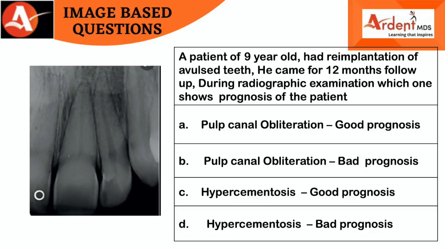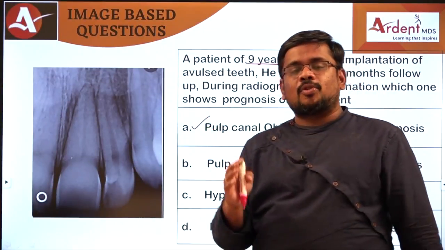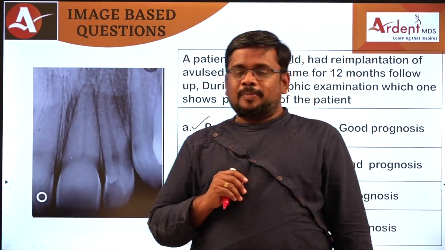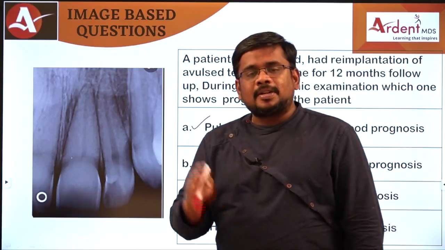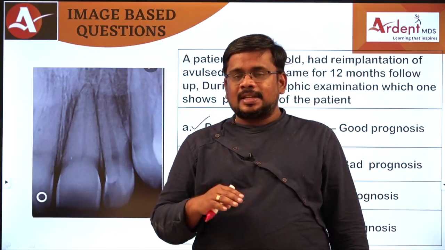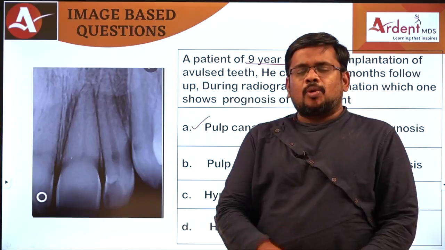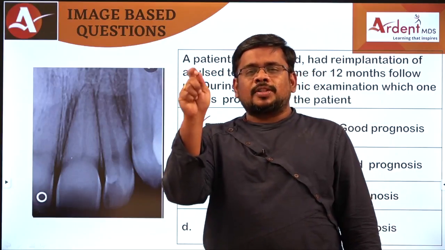Pulp canal obliteration is a good prognosis, right? So we have to see what is called pulp canal obliteration. Pulp canal obliteration usually occurs after luxation injuries or in case of reimplantation of avulsed teeth. Obliteration means narrowing of the space.